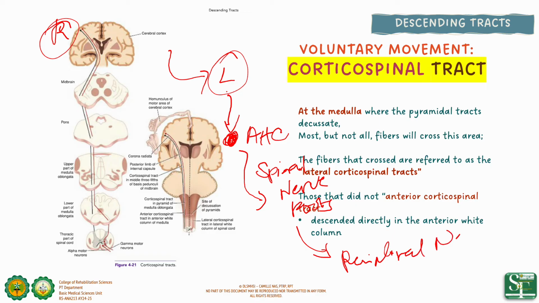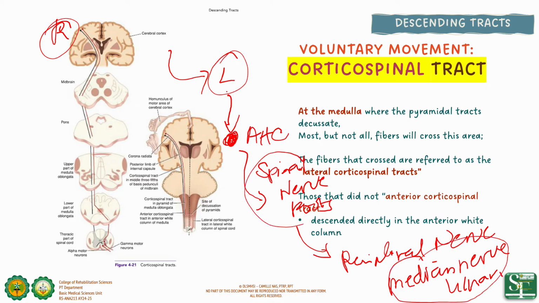For example, kailangan mag-close ng hand ko. So, yung peripheral nerve responsible for flexion of the digits, madami, no? So, example would be the median nerve and the ulnar nerve. So, ito na yung pangalan niya ngayon. From spinal nerve roots ng cervical segments ng spinal cord, magiging peripheral nerve na siya, specifically named as median nerve and ulnar nerve, which is responsible for the contraction of the muscle for closing the hand.